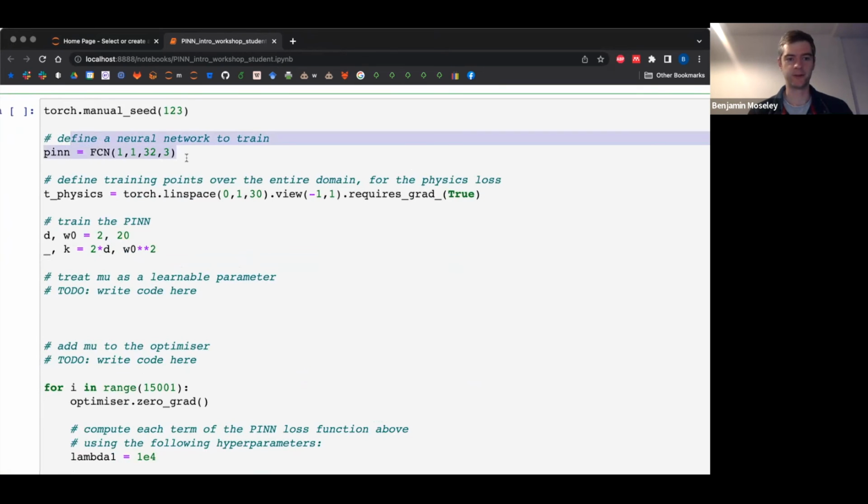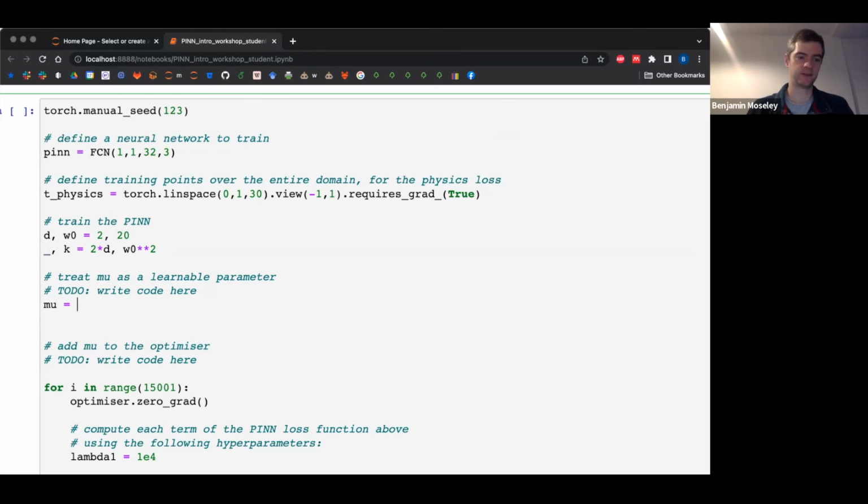First, we've defined the neural network again, and we've defined our physics points. This time we don't need our boundary points because we don't have a boundary loss. The first thing to do is to say that we don't know what mu is here, so we're going to treat it as a learnable parameter that we don't know in advance. So how do we do that in PyTorch?